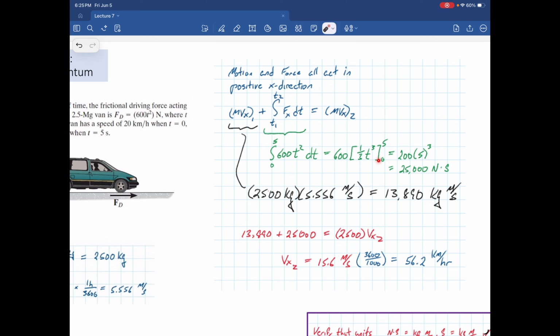Evaluating between 5 and 0, 600 divided by 3 is 200, times 5 cubed, it works out to being 25,000 newton seconds. Those are the units of linear momentum. The initial momentum is 2,500 kilograms times 5.556 meters per second.